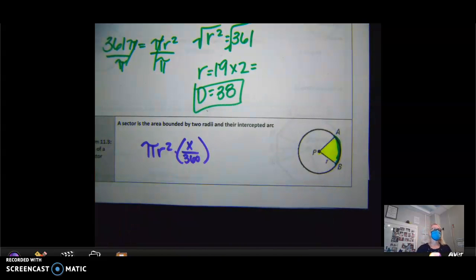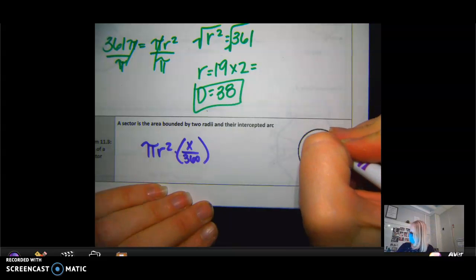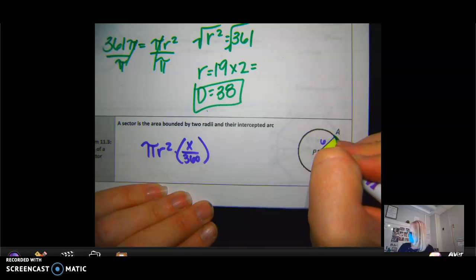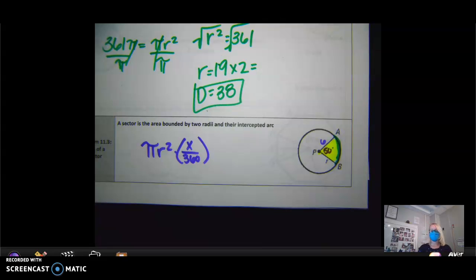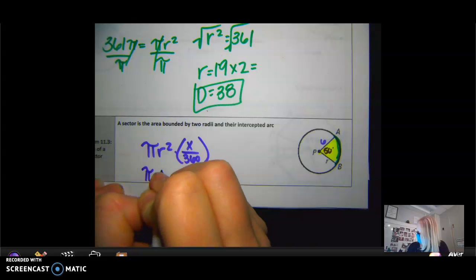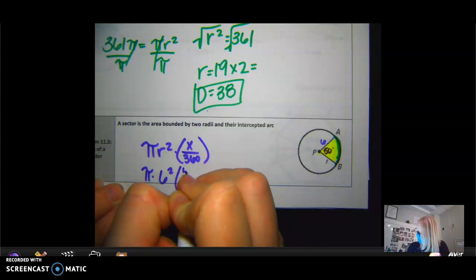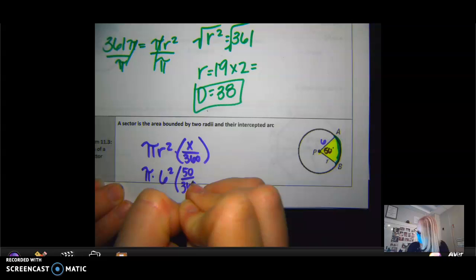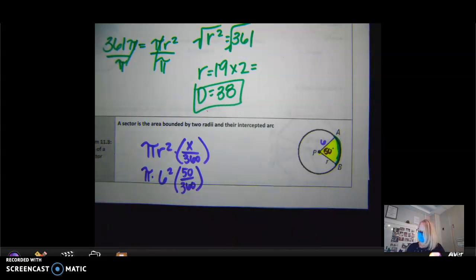Does that make sense? So let's say that this radius is 6, and this takes up 50 degrees. Go ahead and solve the amount of space that piece of the pie takes up out of the total. Go ahead and find the approximate.